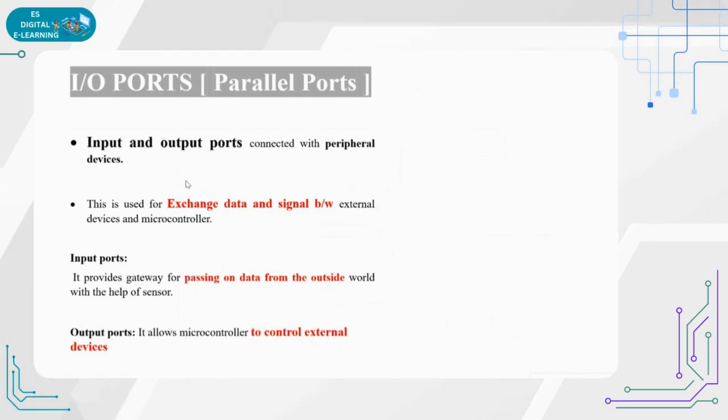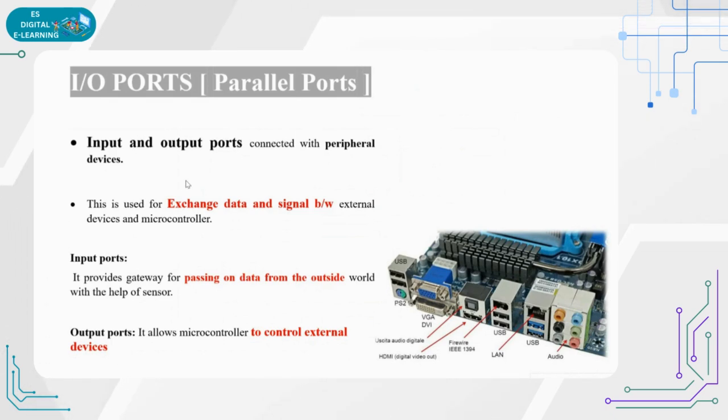Output ports are where we expect something from the controller, like some display or motors to be rotated. Usually the parallel ports we see are USB, Ethernet, HDMI. These are some parallel ports we use in real time.